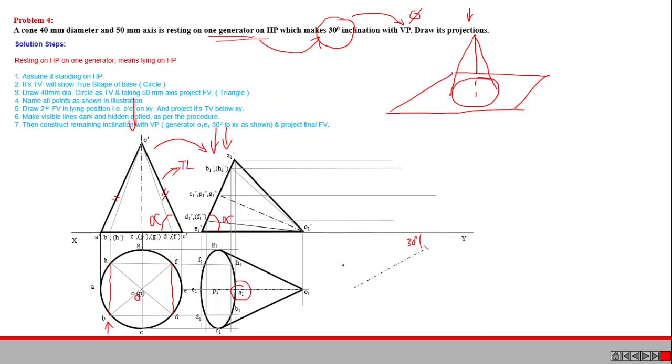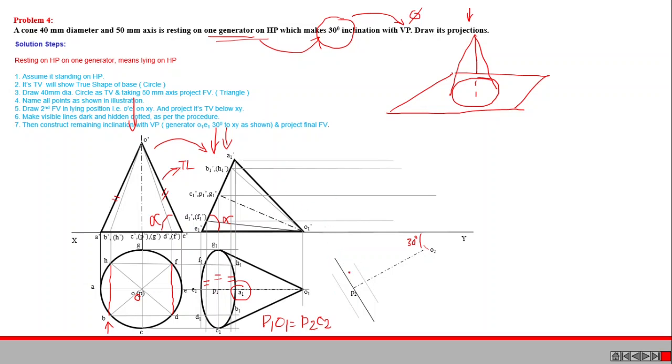Then we can locate P2 O2. Here P1 O1 must be equal to P2 O2. Then we can draw all these vertical lines, which are perpendicular to this particular axis P2 O2, like this.